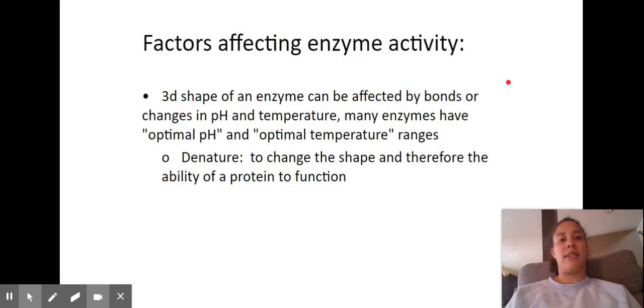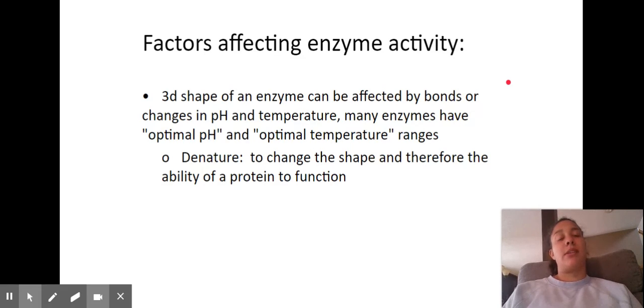What affects enzyme activity? By now you've done your POGL, which talked a lot about predicting the overall effects if you change the pH, if you change the temperature, right? So hopefully those things are ringing a bell. As I mentioned, the 3D shape is a key component for the enzyme, and if that 3D shape gets changed or altered, then the overall function of that enzyme is also going to be altered.